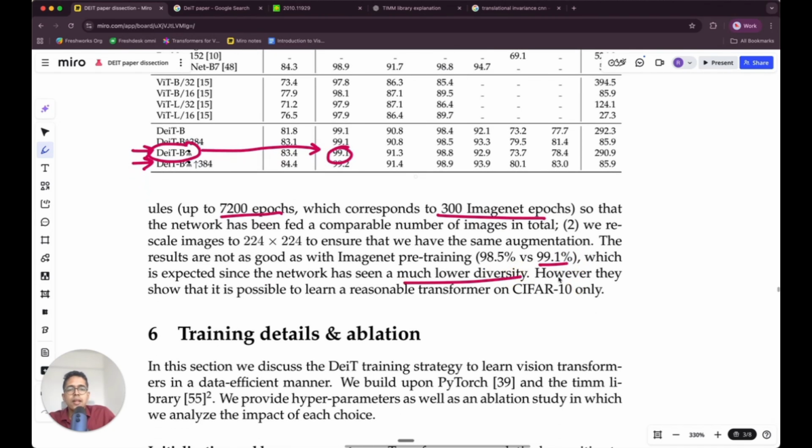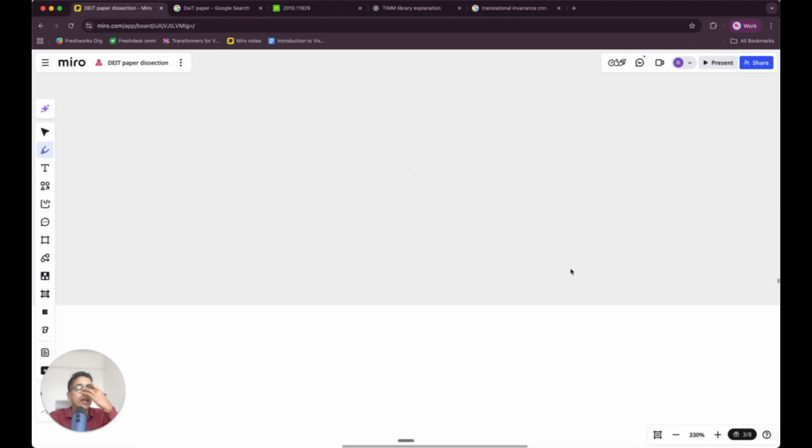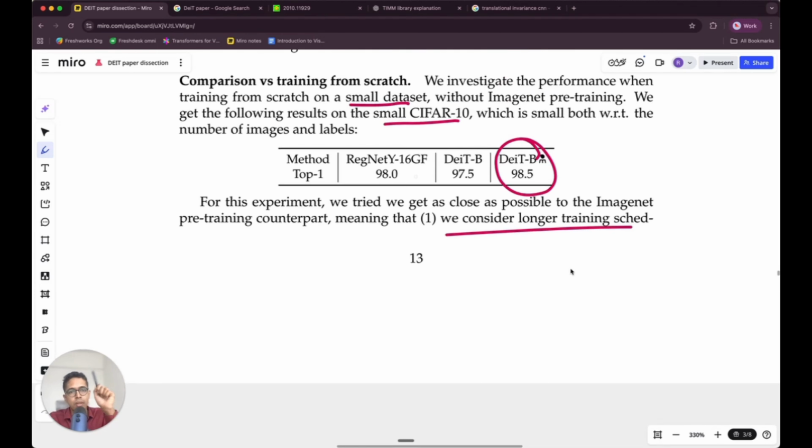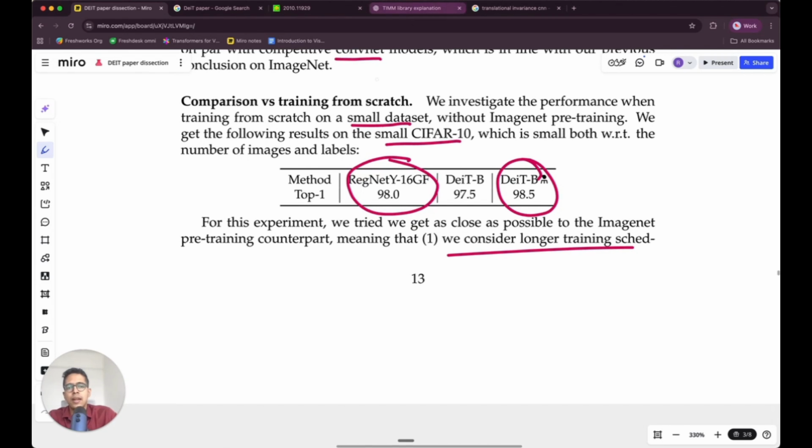Completely makes sense. However, they show that it is possible to learn a reasonable transformer on CIFAR 10 only. Basically, CIFAR 10 is a very small dataset, and you can teach a vision transformer architecture through knowledge distillation from a CNN like this one, but with a much smaller dataset like CIFAR 10.